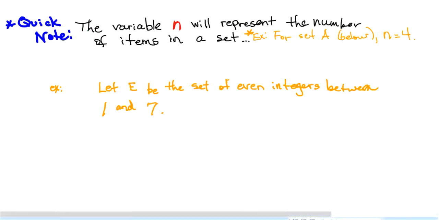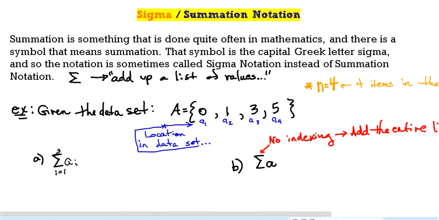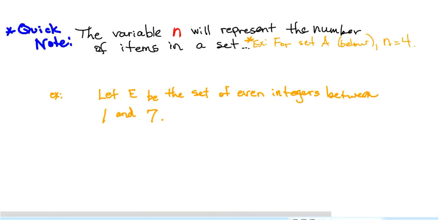Okay, so quick note. The variable n will represent the number of items in a data set. For example, in the next example, A is the set 0, 1, 3, and 5.